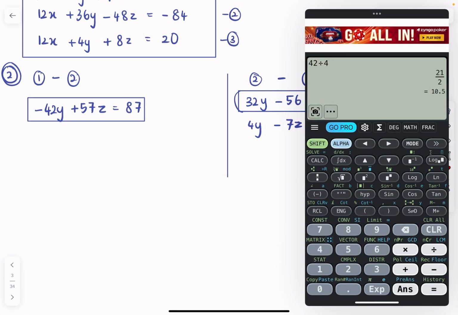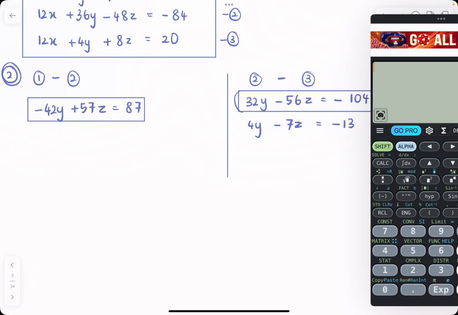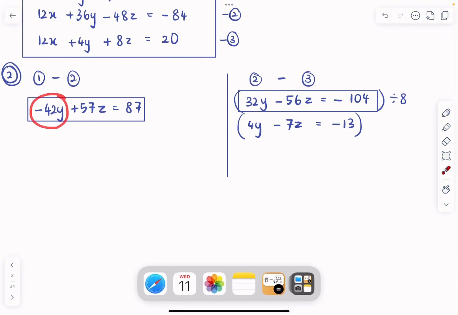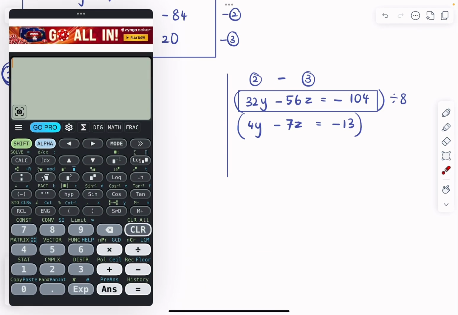No choice. What we do is we make it into 84. So this 4y, we try to make it into 84. This one we times 2 to make it into 84. So 84 divided by 4 is 21. So this whole equation we must times 21.